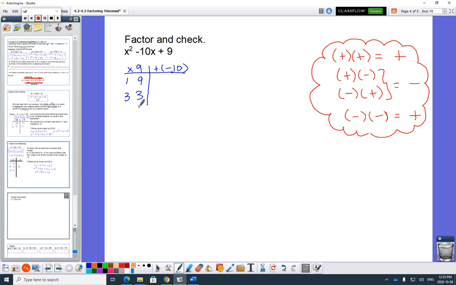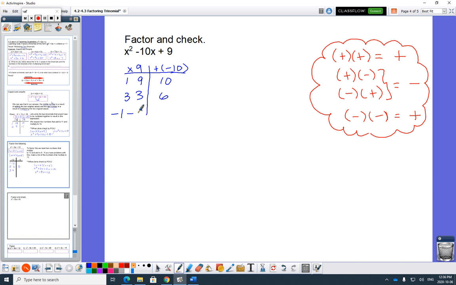So again, you have to be careful of what's happening with the signs. There is a little bit of variety. So sometimes in your chart, you could even do like positive 1 and positive 9. That gives positive 10. That's not what we want. Positive 3 and positive 3 gives positive 6. Also not what we want.